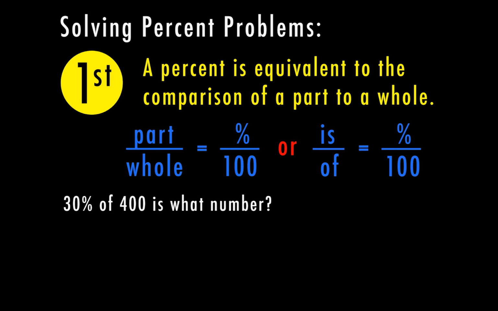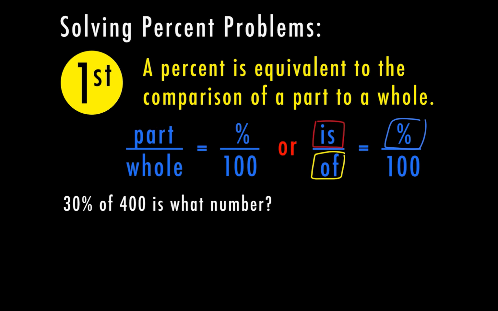I have three different parts of this equation that are going to change: my is, my of, and my percent. My 100 never changes because percent is always over 100. So the three things that can change are the three things that I'm going to be trying to solve for. I'm always going to be given two of those three parts.